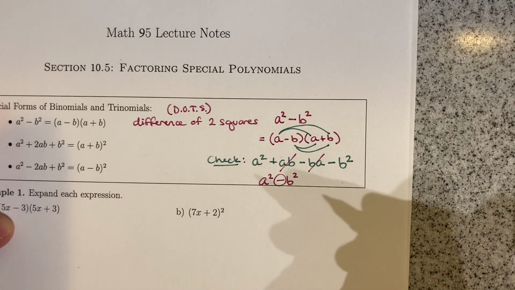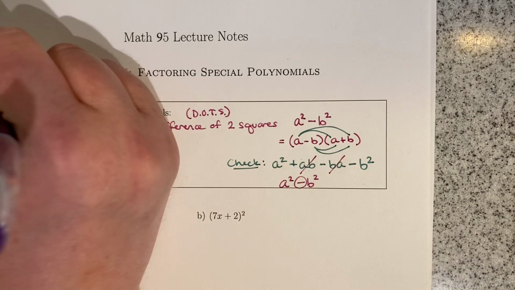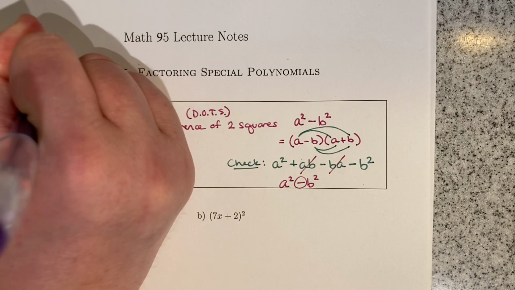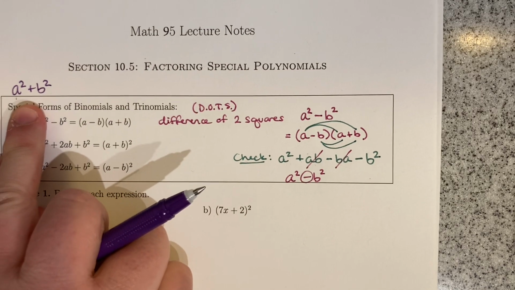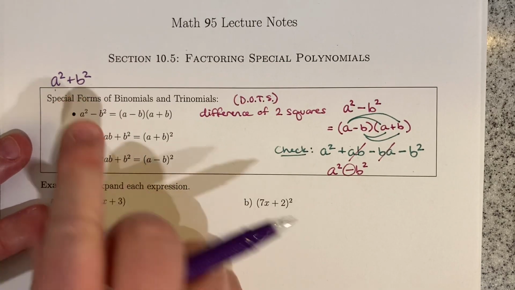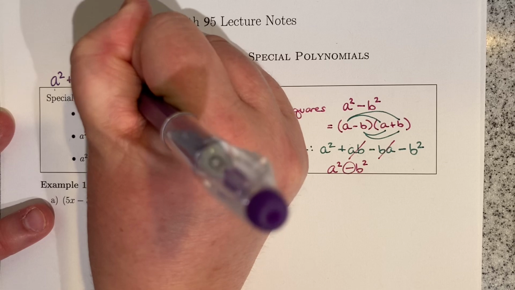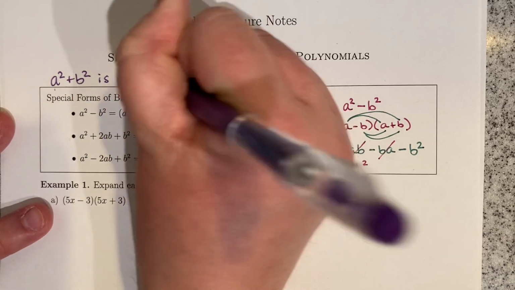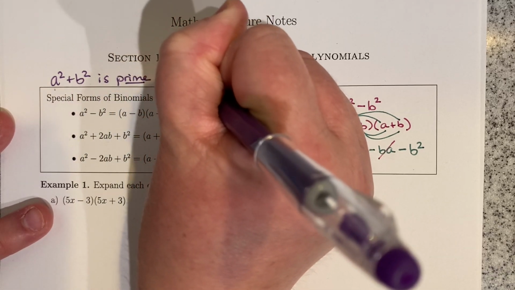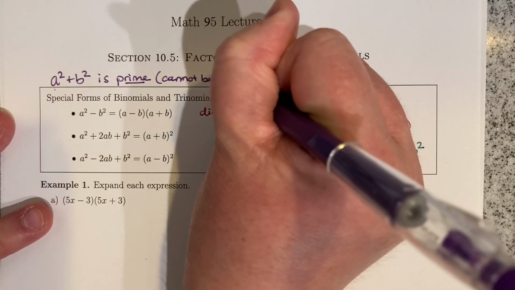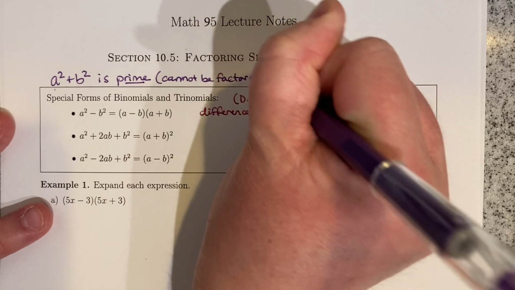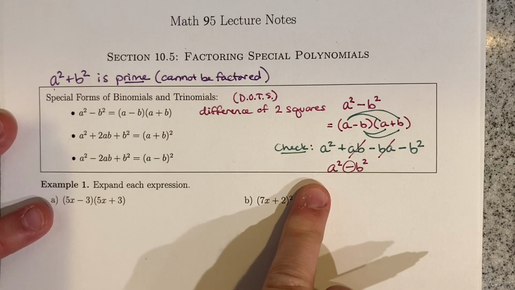One thing that's important is that if you have a squared plus b squared, if it's not a subtraction, if it's an addition, that is prime. Cannot be factored. This is only for a subtraction of two squares.